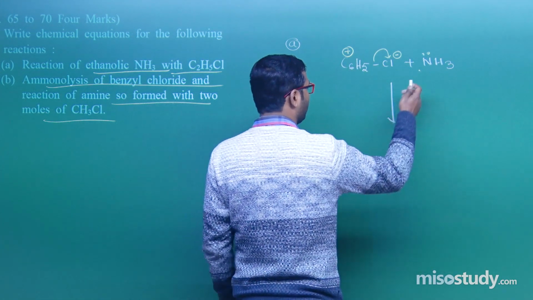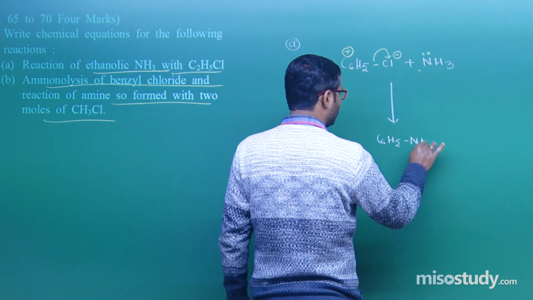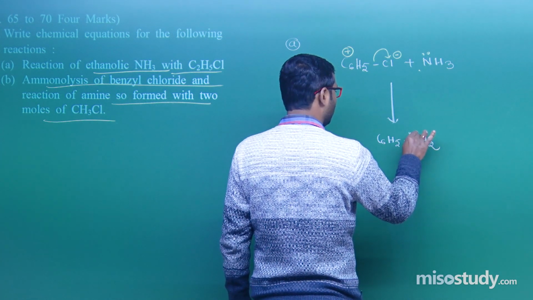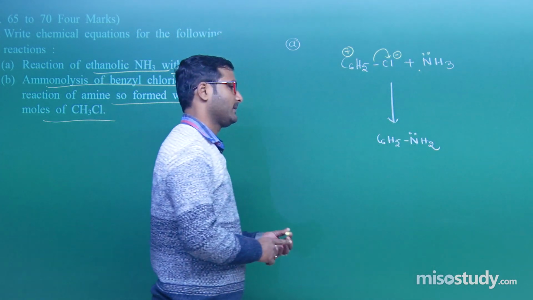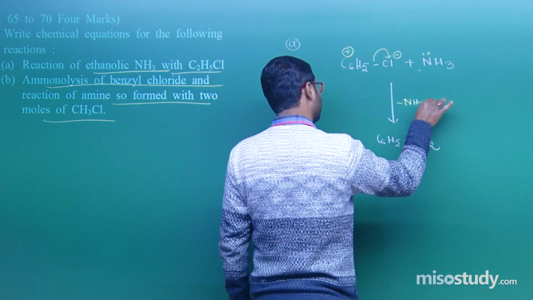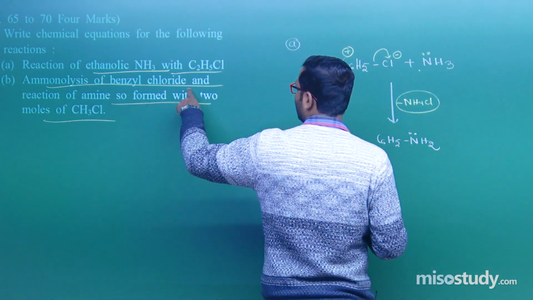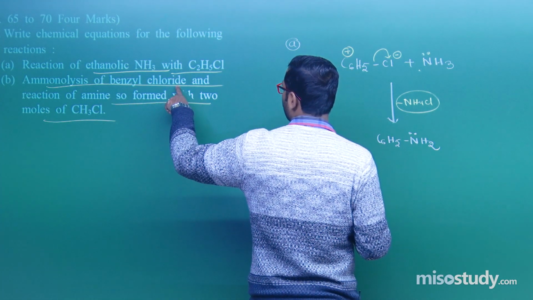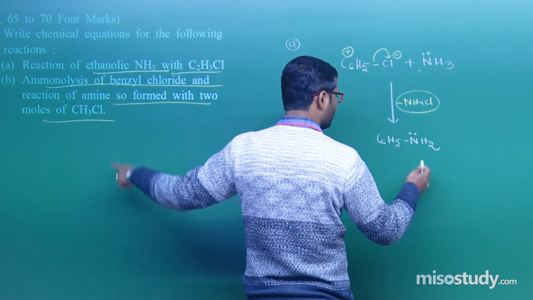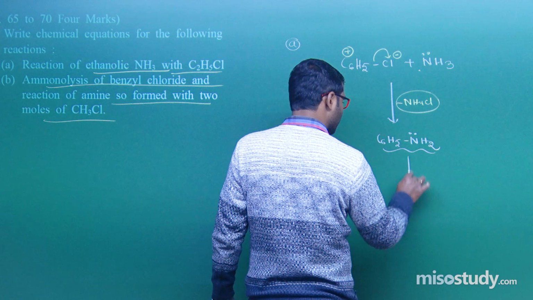So the first product here is C6H5NH2. Clear, my friend? Yes. And the byproduct will be NH4Cl. Now what is given? Ammonolysis of benzyl chloride and the reaction of the amine so formed with 2 moles of CH3Cl.